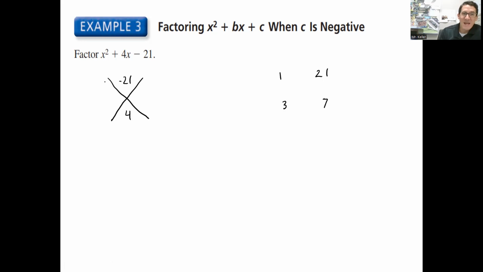All right, but we need a negative 21, so one of those needs to be negative. So it's either -1 and positive 21, or +1 and -21, or -3 and +7, or +3 and -7. And so which one of these adds to +4? That's going to be this here. -3 plus 7 is +4. So -3, 7.